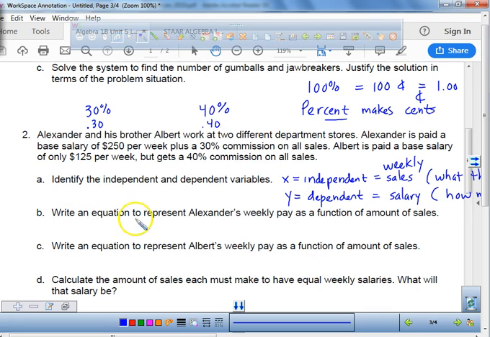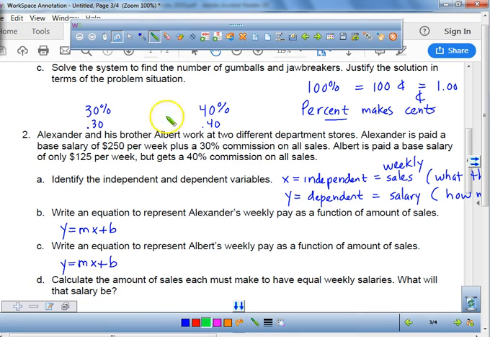Now, it says, write an equation to represent Alexander's weekly pay as a function of the amount of sales. So here's what we're going to do. We're going to write a function in terms of y equals mx plus b. And we're going to write another function in terms of y equals mx plus b. Now, I'm going to highlight the b in green, because the b is the weekly salary.